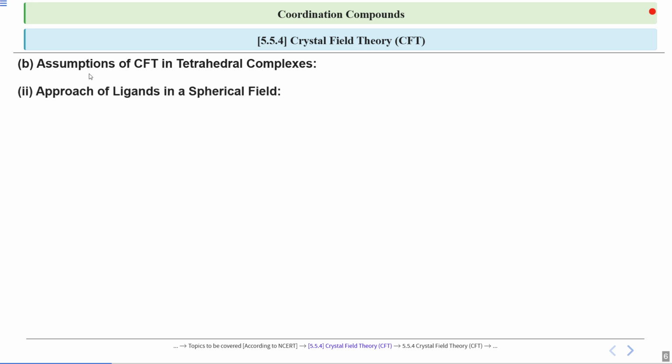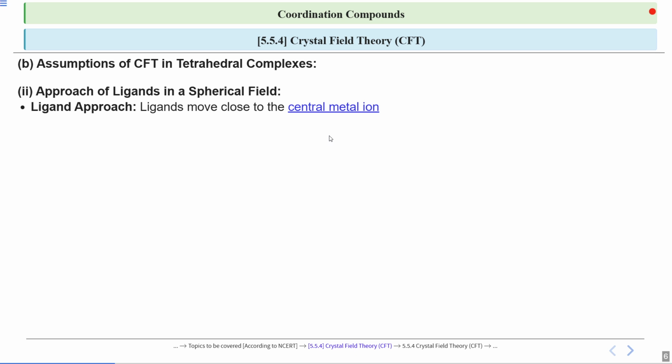The second assumption is the approach of ligands in a spherical field. How in a spherical field are the ligands going to approach the central metal ion? Ligands move closer to the central metal ion. The central metal ion is already present, having 5 d orbitals which are degenerate.